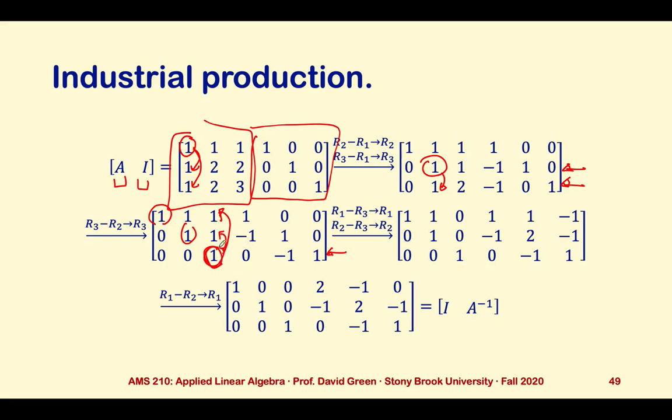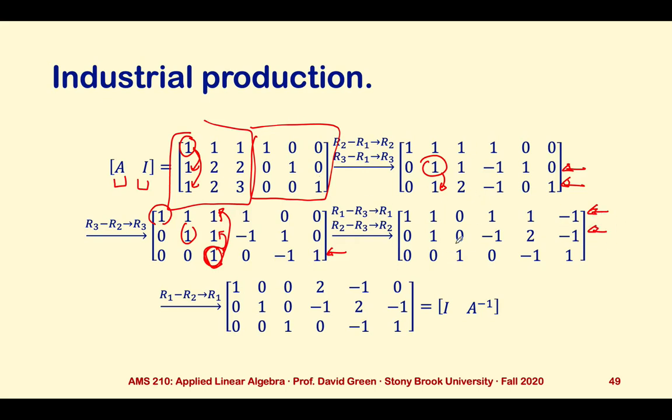So we simply subtract the third row from both the first and the second. 1 minus 1 is 0, 1 minus 1 is 0, 0 minus negative 1 is 1, and 0 minus 1 is negative 1 for our first row. The second row, 1 minus 1 is 0, negative 1 minus 1 is negative 1, 1 minus negative 1 is 2, and 0 minus 1 is negative 1 for our second row.